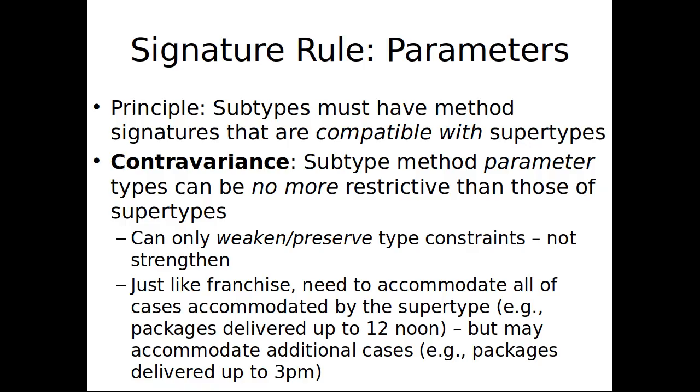As we get more and more subtypes underneath, we go deeper and deeper in the subtype hierarchy. The parameters can grow to higher and higher levels of supertypes. That's why it's contravariance, not covariance. Covariance, they vary together.